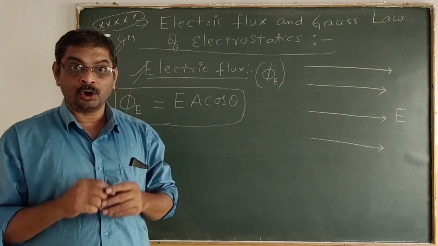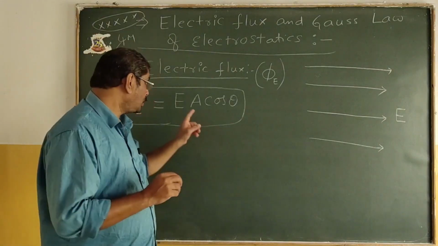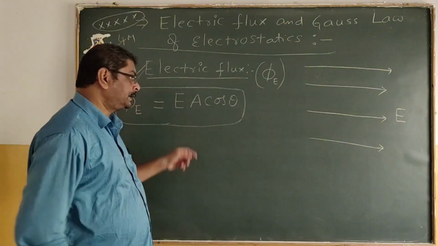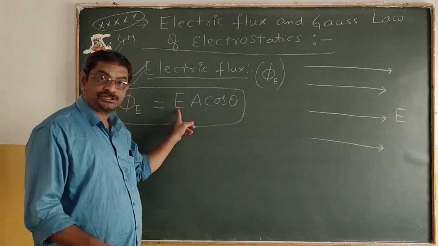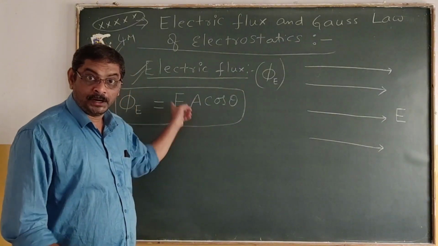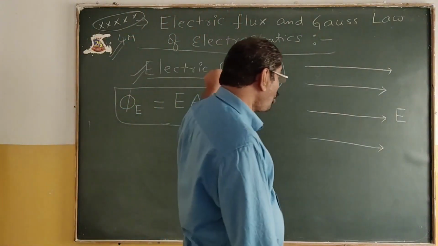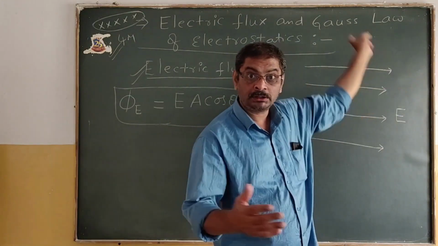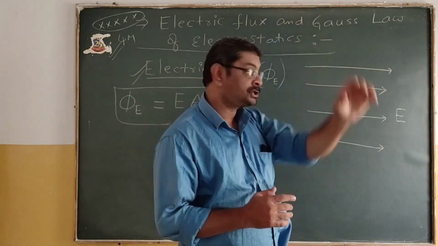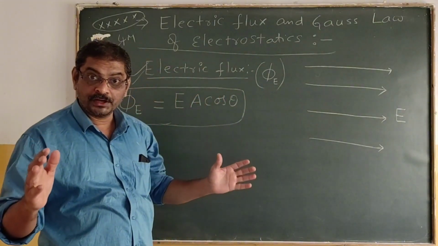Now coming on to one more important thing. Can anybody tell me what will be the direction of the electric field? Already given, the direction of the electric field will be horizontal, and it will be fixed.